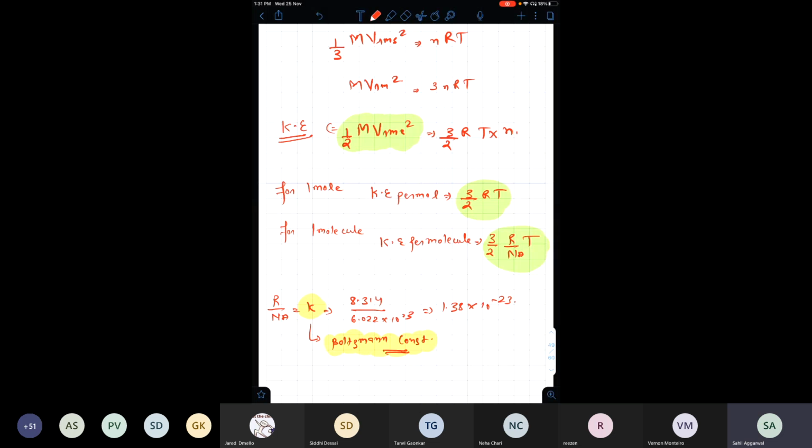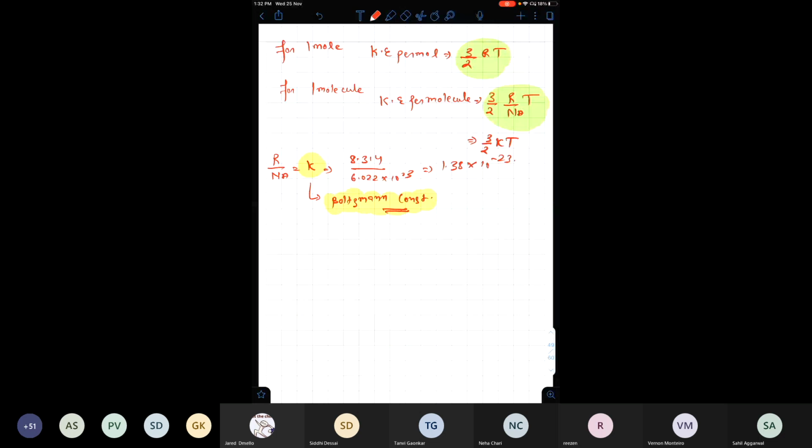Any doubt in this? Kinetic energy per mole, kinetic energy per molecule. Kinetic energy per mole is 3/2 RT. Kinetic energy for 5 moles is 3/2 RT into 5.